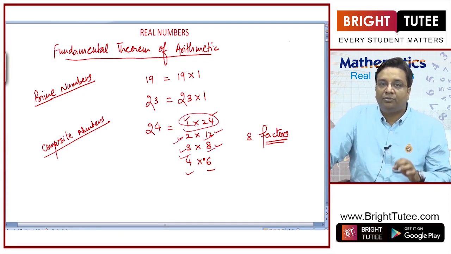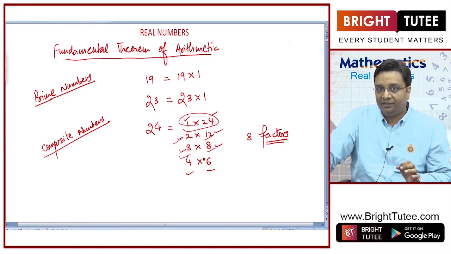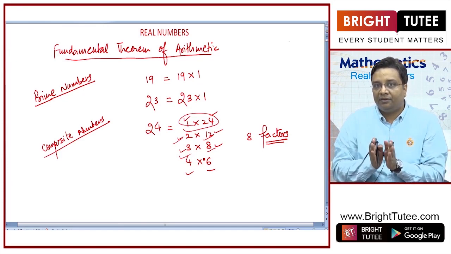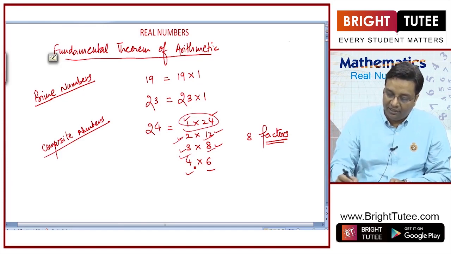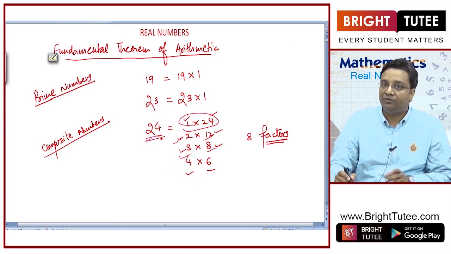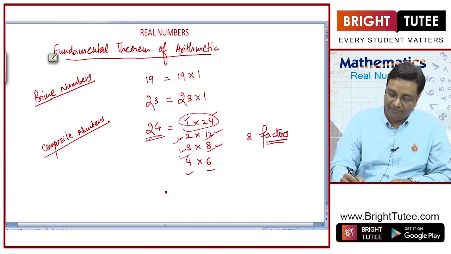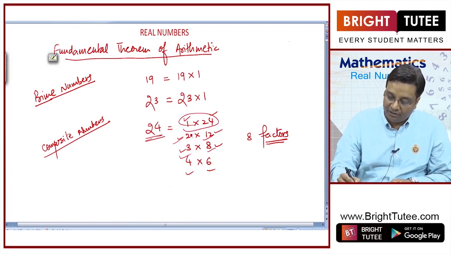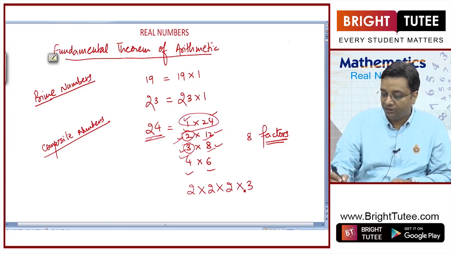So every composite number can be factorized in prime factors, right? If I want to write this number in terms of its prime factors, how can I write it? The prime factors are 2 and 3. So I write it like this: 2 into 2 into 2 into 3.